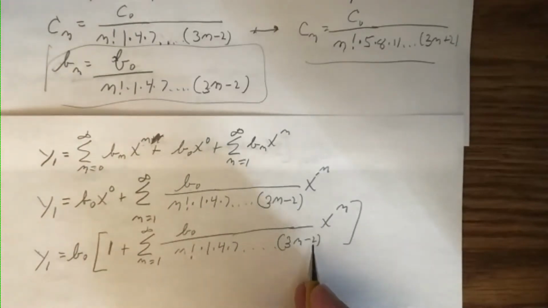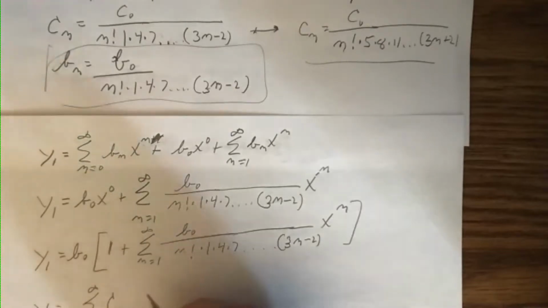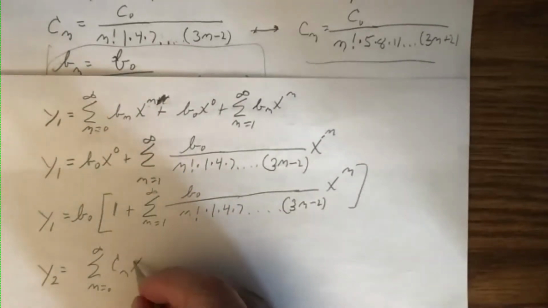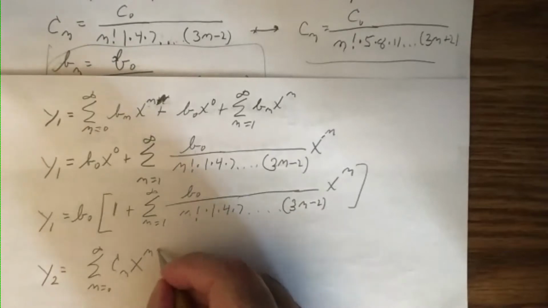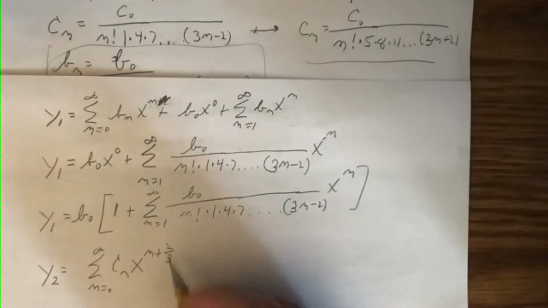And then the other solution, well, I would write it now like this. I'll call this Cn. Before, the R was 0. Now the R is 2/3.